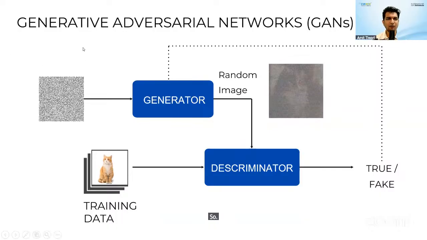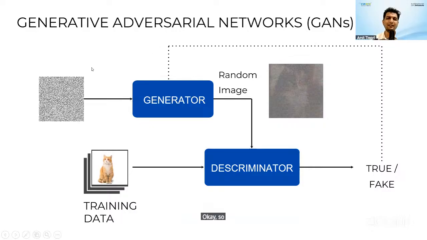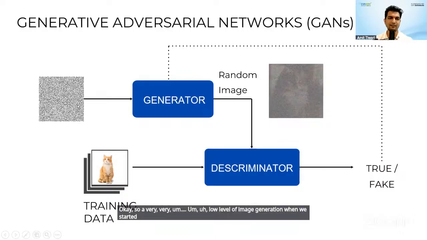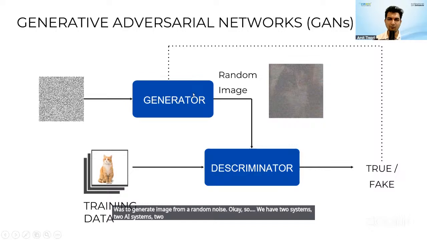So GANs, or generative adversarial networks, what are they and how do they generate images? A very low level of image generation, when we started generating images, was to generate an image from random noise. We have two AI systems, two neural networks: one is a generator and one is a discriminator.